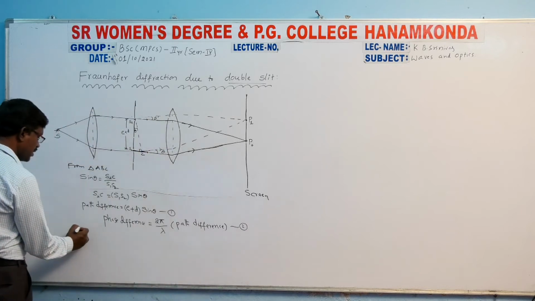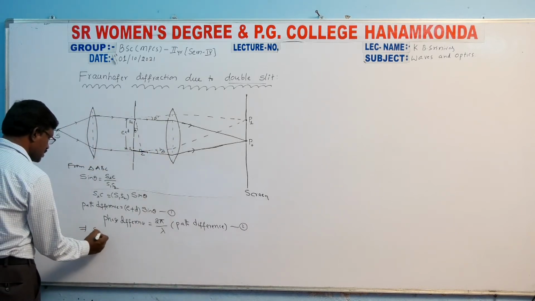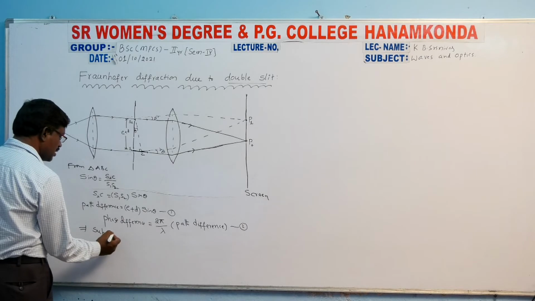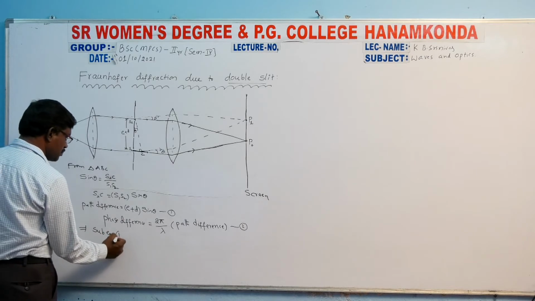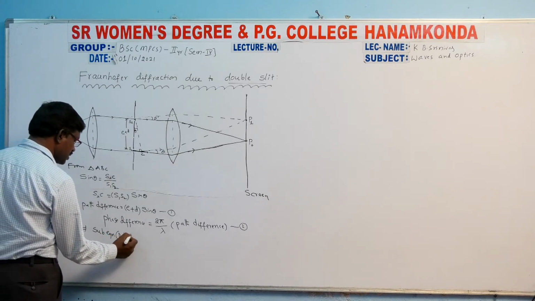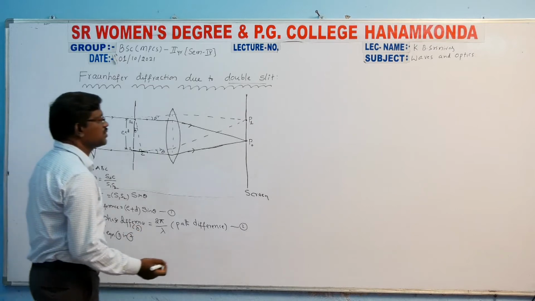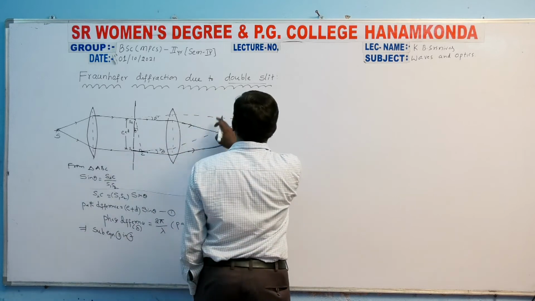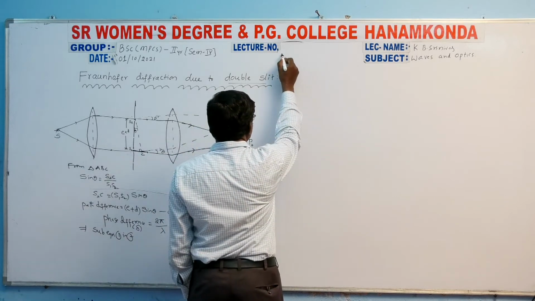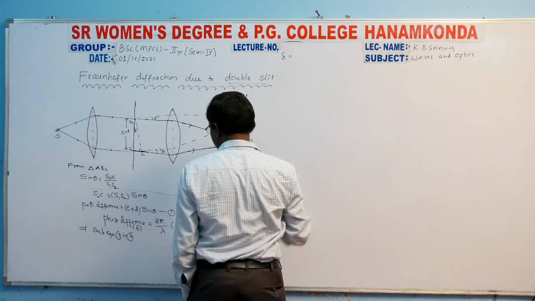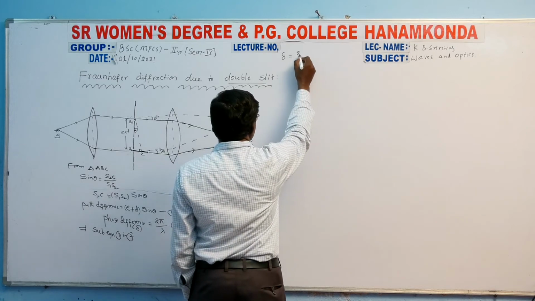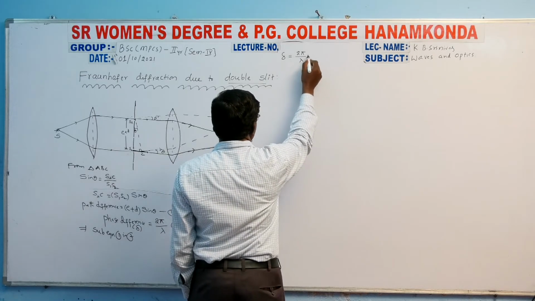Substitute equation 1 in equation 2. Phase difference is generally represented by delta. Therefore I want to find the phase difference between these two rays. That is, delta is equal to 2 pi by lambda into the path difference.